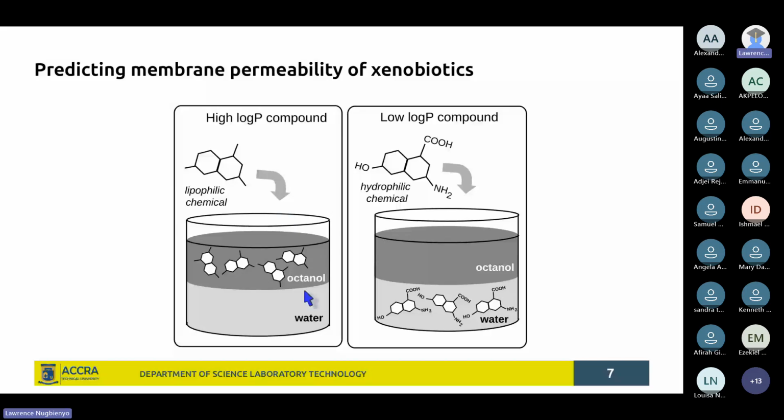The alcohol octanol is hydrophobic. It's just like an oil. So this biphasic octanol-water system is a standard system used to test for the lipophilicity or hydrophilicity of substances. If you have a mixture of water and octanol, of course you have two phases. Octanol and water are immiscible, so you have a two-phase system, and you put a substance into this mixture.